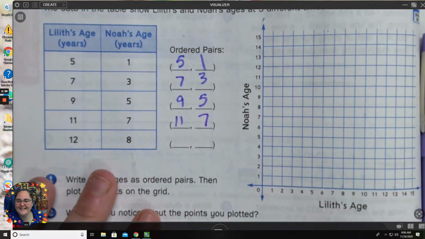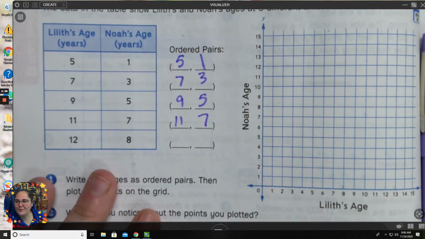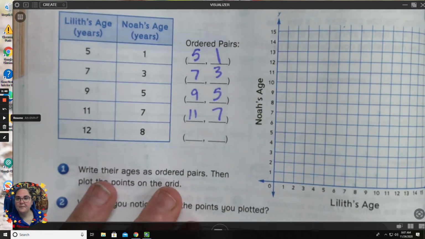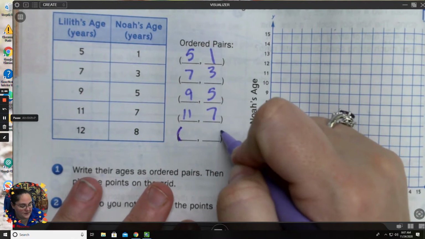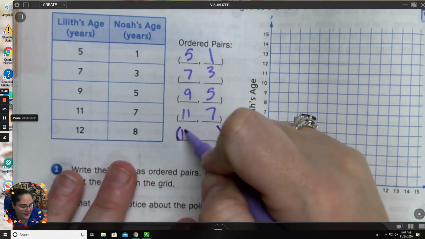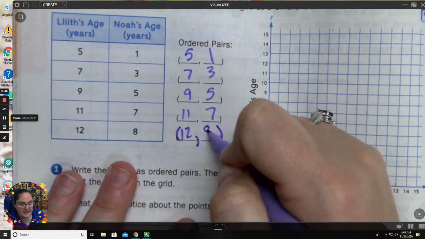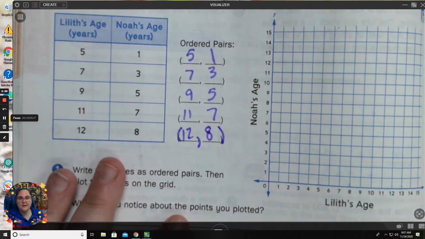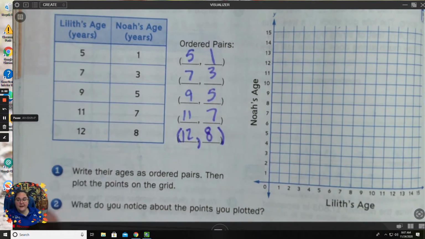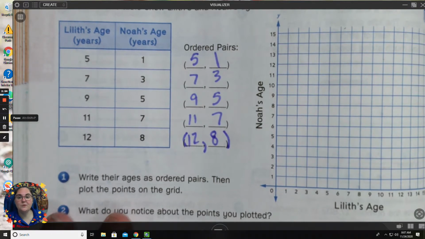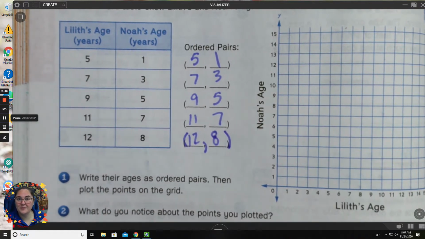What would my next ordered pair be? When you write this ordered pair on your own, you're going to make sure that you have your parentheses. 12, 8. I know that our book gives it to us. However, sometimes you're going to have to actually write these or type them out on your own. So you need to get used to actually putting the commas and parentheses in there.